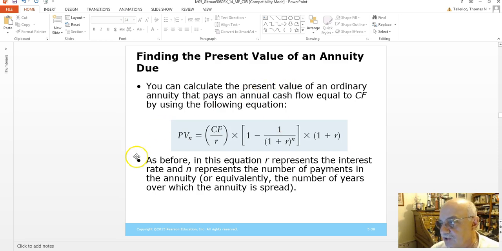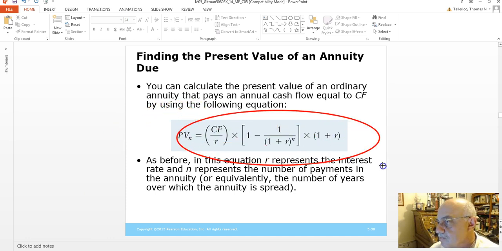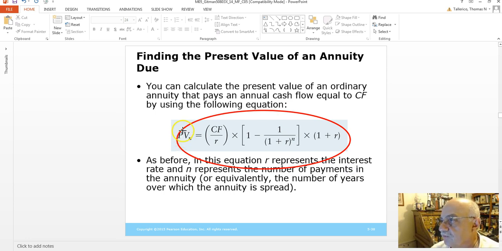And here is the equation for the present value of an annuity due. All right. So this is the equation for the present value of an annuity due. And you see it says PV. Here's the cash for the payments.